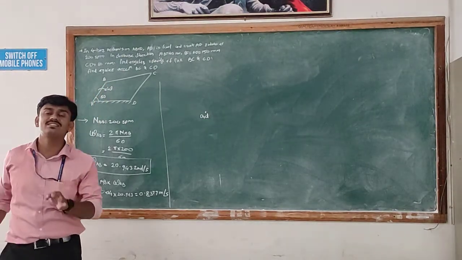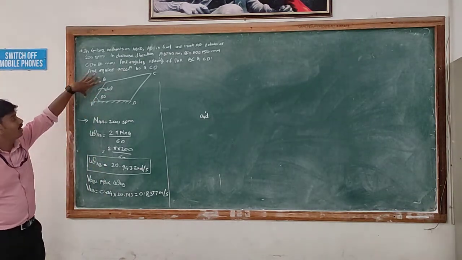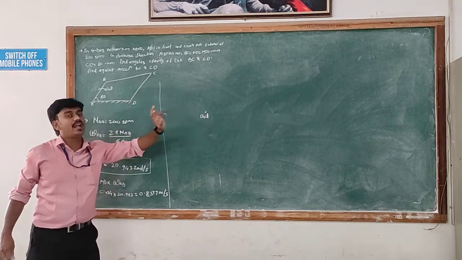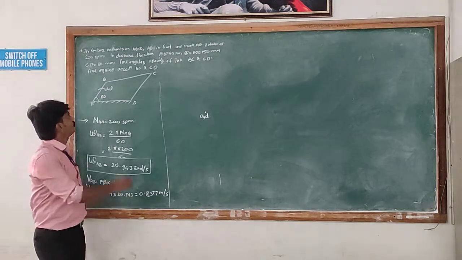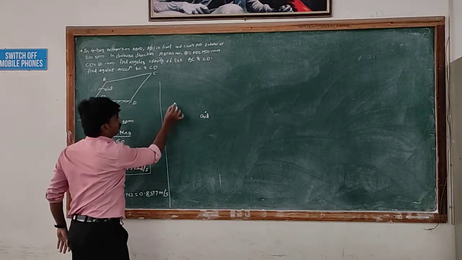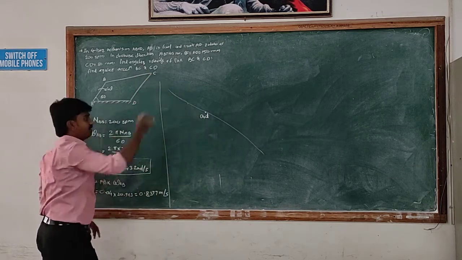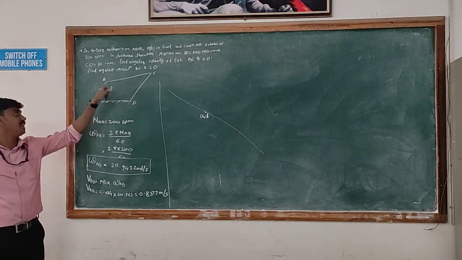As the velocity is always perpendicular to the link, so we have to draw a line which is passing through this point A and which is perpendicular to this link AB. So this is the line which is passing through point A and perpendicular to the link AB.